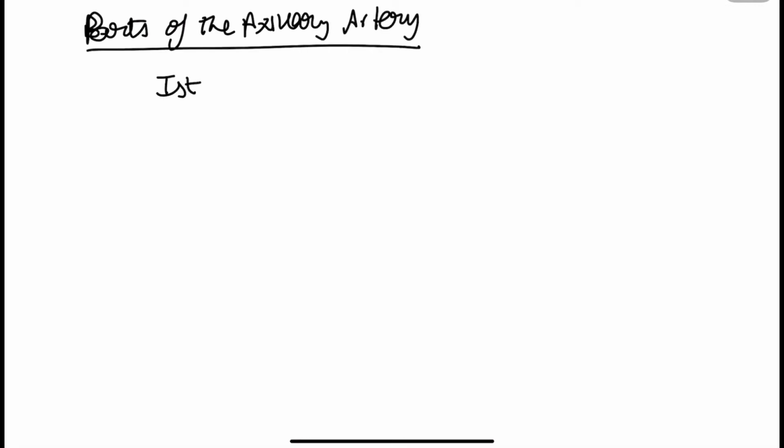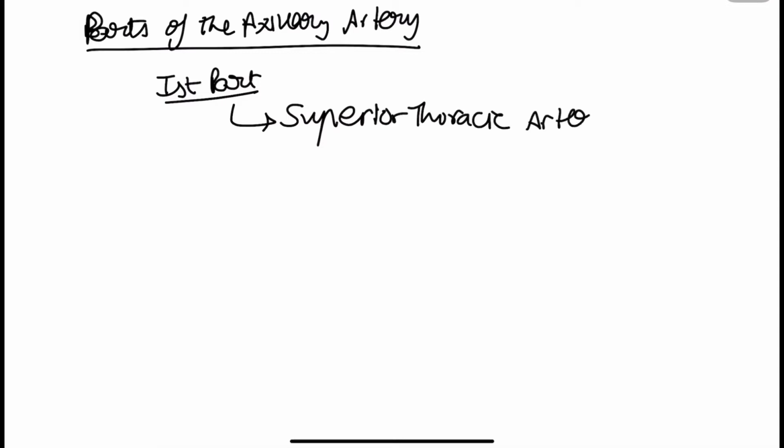So now talking about the parts of the axillary artery. So first part gives origin to the superior thoracic artery. The second part gives origin to the lateral thoracic artery.